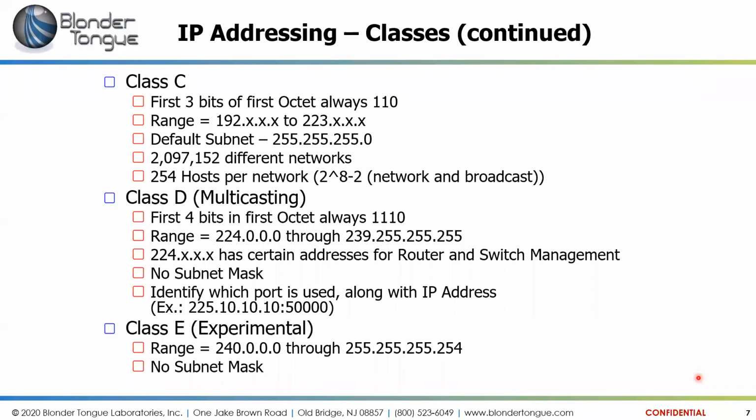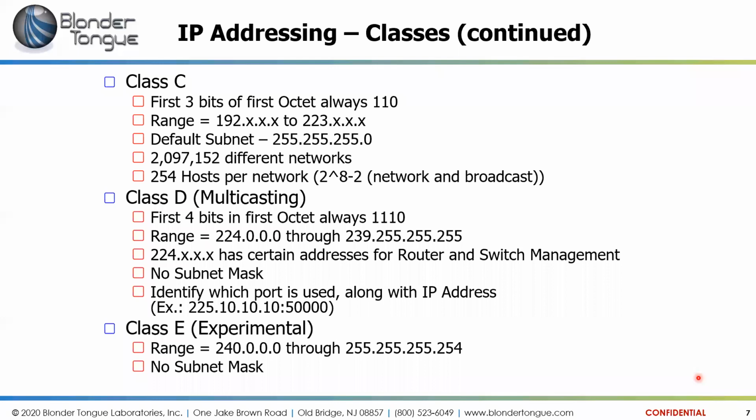So typically we're just going to avoid the 224 addressing. Start at 225 to avoid any interference with router and switch management. In the Class D range, there is no subnet mask. They don't identify a subnet mask.